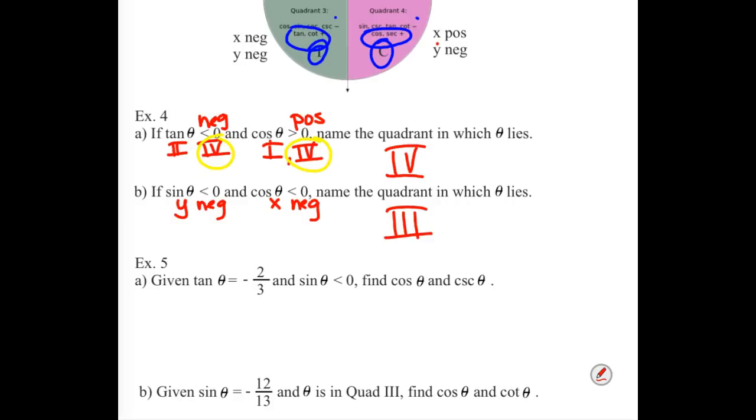Now again, you can break it down in pieces. So sine is negative, y is negative in quadrants 3 and 4, the bottom half of our circle. Cosine is negative on the left side of our circle, so in quadrants 2 and 3. So again, where they overlap would be quadrant 3.